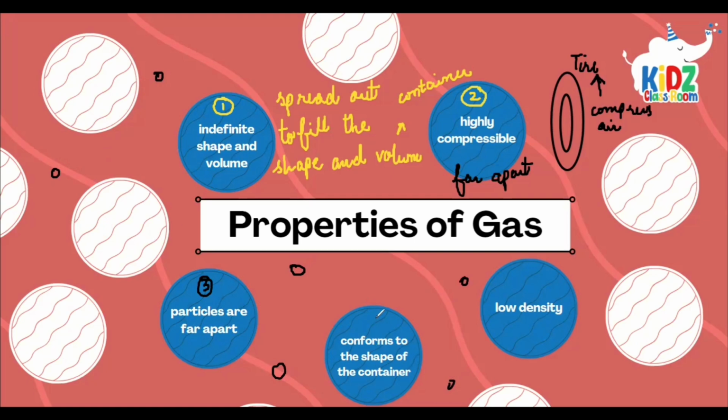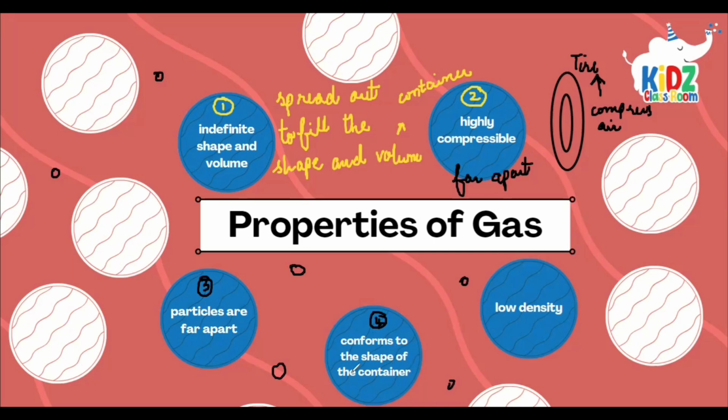So the fourth one, conforms to the shape of the container. What is meant by conforms to the shape of the container? This means that gases fill whatever container they are in. And there is an easy example of it. Yes, like air in your room. It takes up the shape of the container.